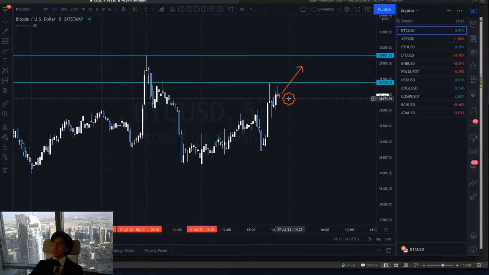But one thing is that we never know the future. It may break the resistance or it may retrace backwards from here. We don't know. But one thing for sure is that this is bullish. So in this example, the probability for the market to break the resistance is higher than going down.